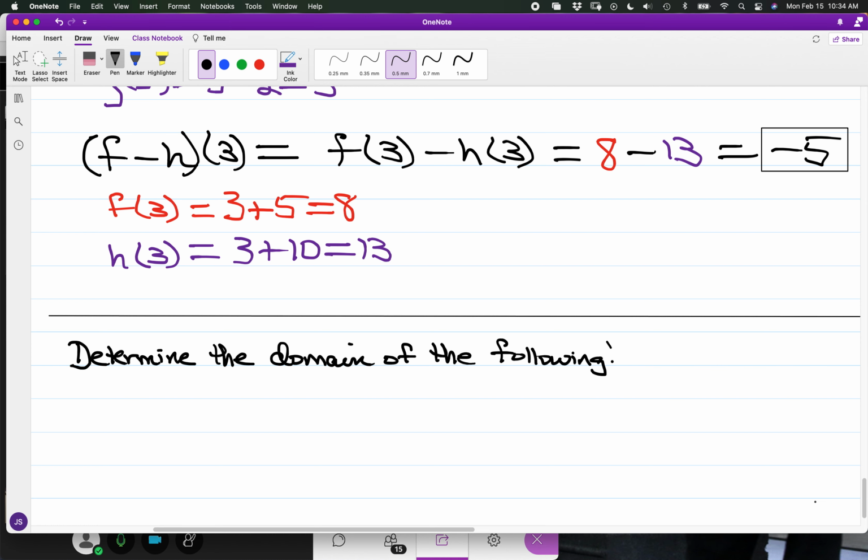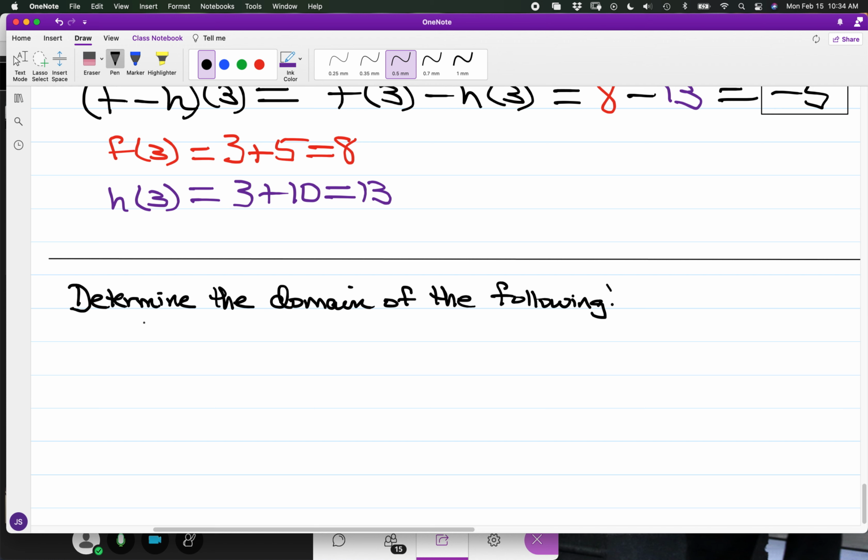We'll just use these as building blocks. Say I have not the operations between functions, just the domain. Say I have f of x equal to 3 over x plus 4, and say I have a function g of x equal to x minus 4 over x plus 1.